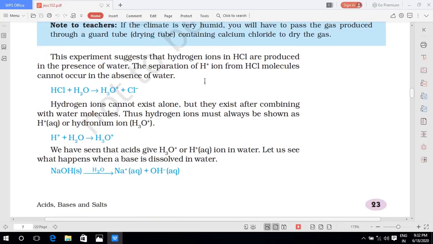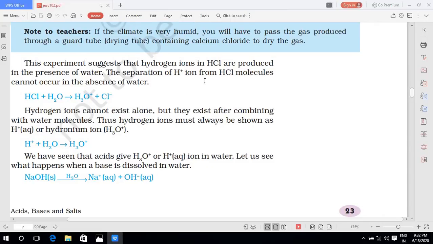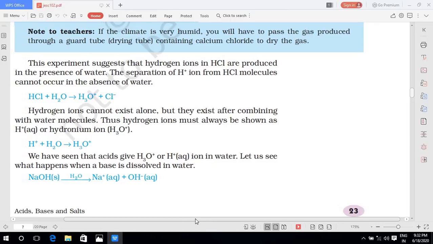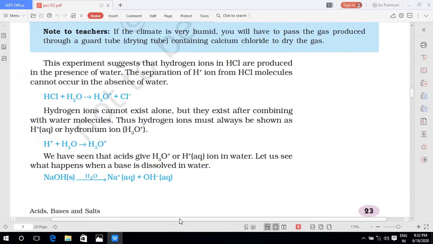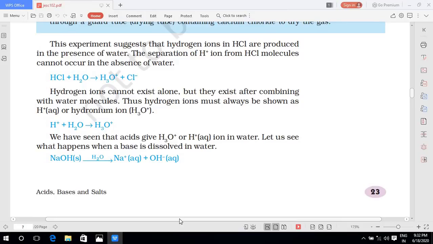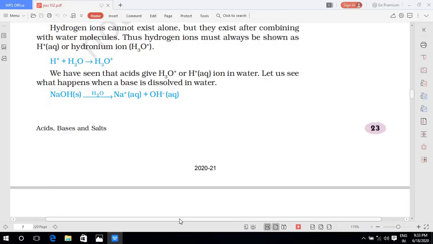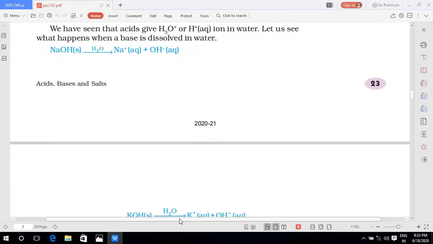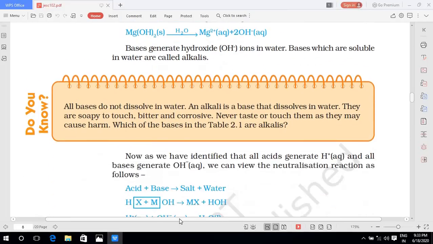So water is the neutral medium for acids and bases. When acid reacts with water, it results in dilution, and similarly when base reacts with water, it results in dilution.